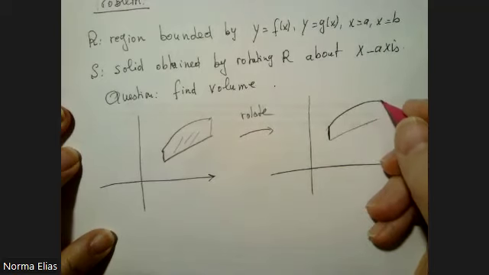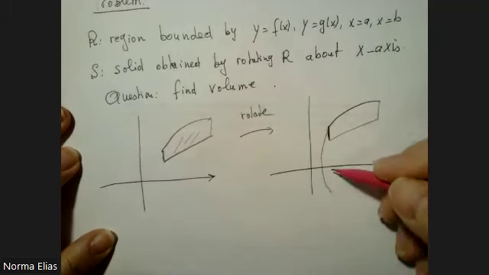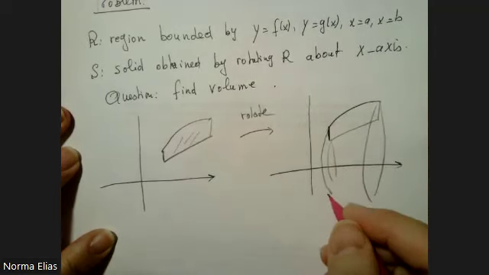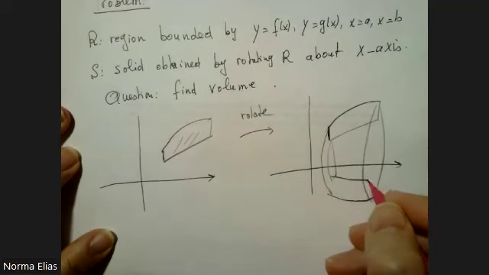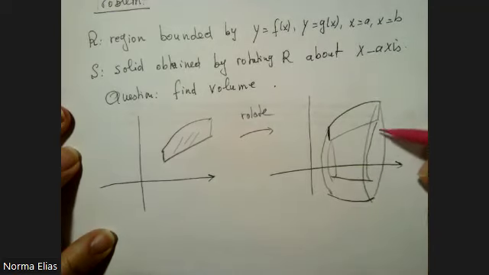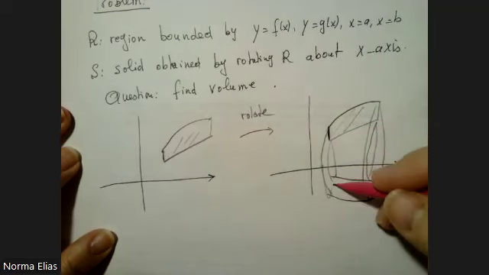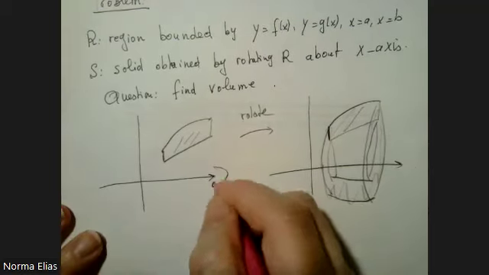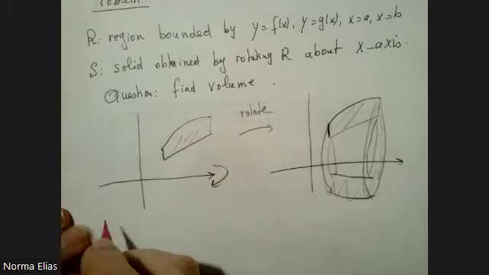I promise you I will not do a lot of those, but something like this. So this is the curve down here, and this is going to be the straight line. Okay, so that's what's happening in here. My axis of rotation is that. So the way we are going to do it is like this.